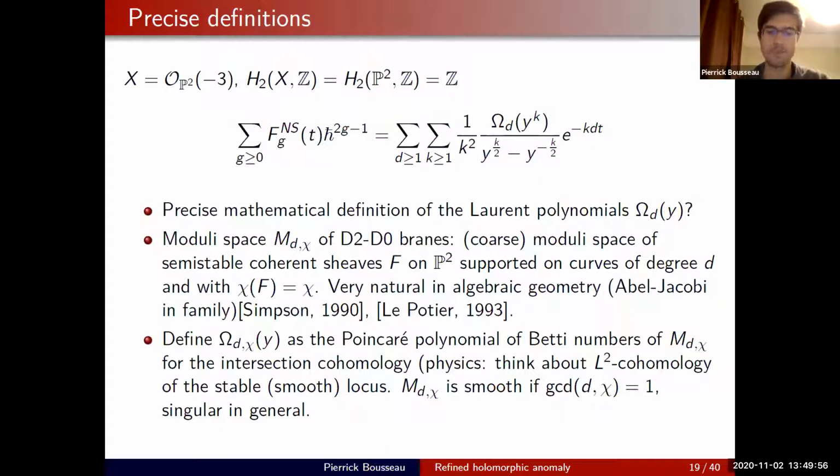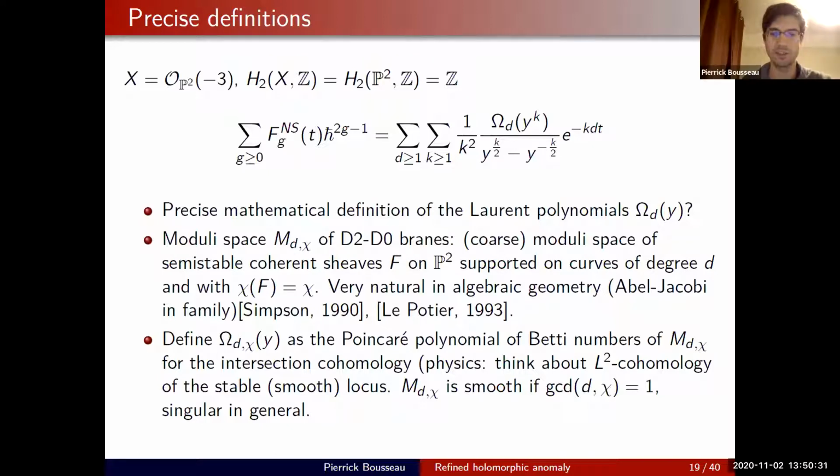structure. And the suggestion, which was in the original Gopakumar-Vafa paper, was that one of the SU2s is coming from the action on the cohomology coming from the base of this fibration, and the other SU2 is coming from the fiber of this fibration. And here in this NS limit, the only SU2 which we remember is a diagonal SU2, which is just a natural SU2 acting on the cohomology of the total space, which does not need reference to the fibration structure.